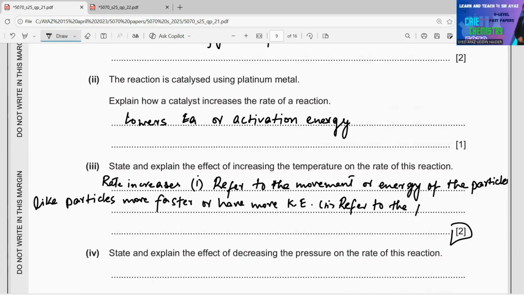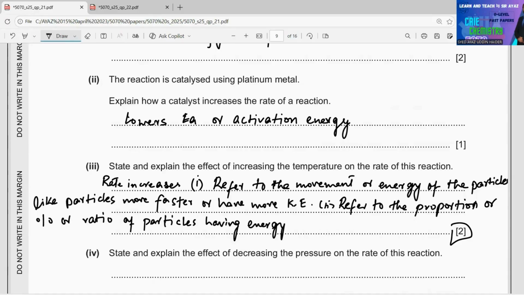Refer to the proportion or percentage or ratio of particles having energy equal to or higher than activation energy.